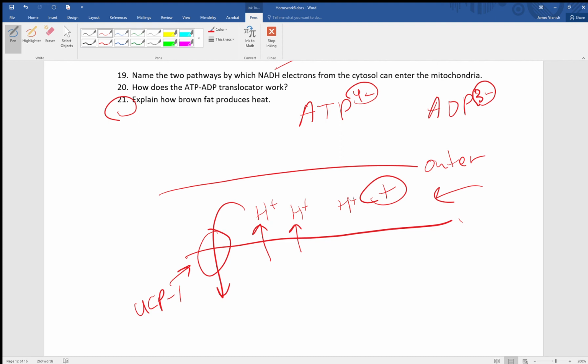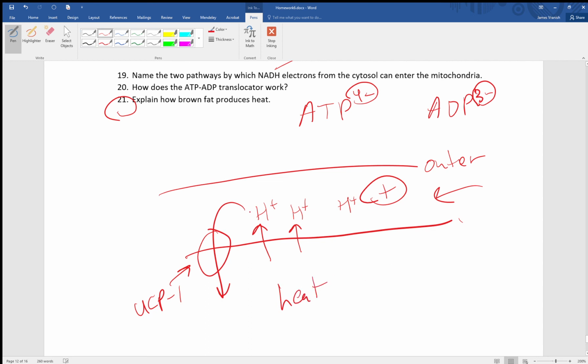Now, what's the end result of this? Well, the thermodynamic or electrochemical gradient here is being dissipated. So that energy that we've built up is now just simply being released, and we're not making any chemical energy from it. So that energy has to be given off as heat.